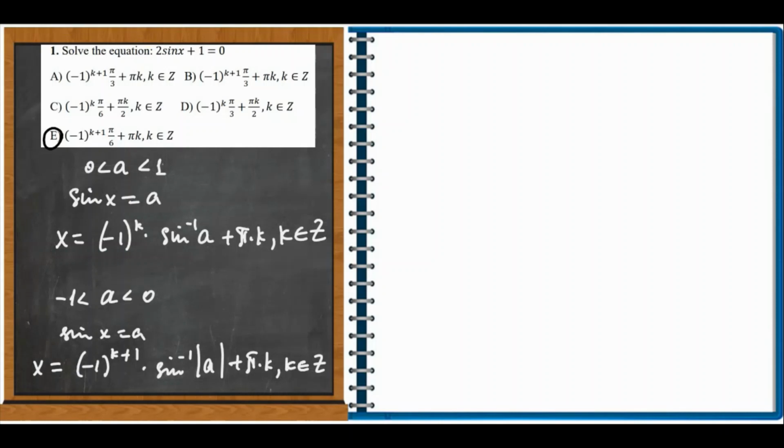So let's see what will we get in this question here. 2 sine x plus 1 is equal to 0. First of all, we must bring this equation to the simple form. So 2 sine x is equal to negative 1. Sine x is equal to negative 1 over 2. Now we see that a is less than 0 and more than negative 1.